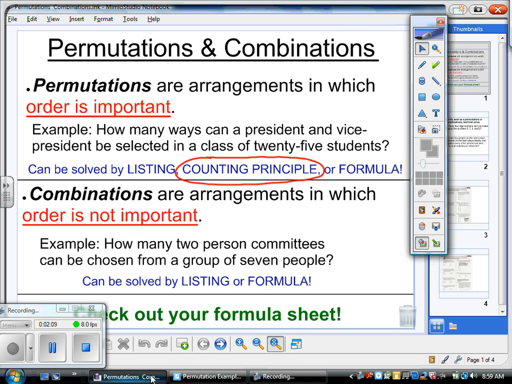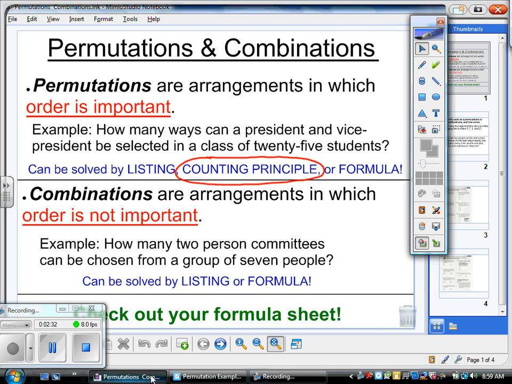Combinations are arrangements in which order is not important, so that's the opposite of permutation. An example is, how many 2-person committees can be chosen from a group of 7? In this case, it is not important the order we state people's names within the committee. For example, again, I'll use students' names.